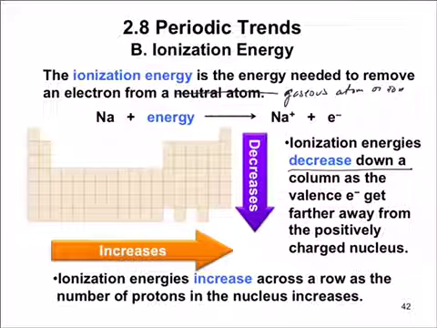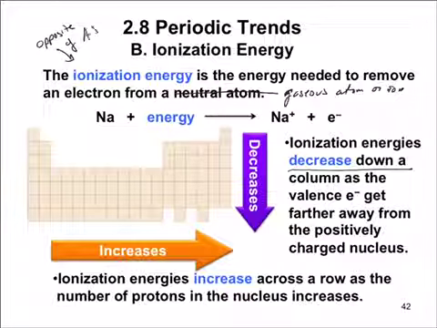Okay? And it increases as you go across a family. If you notice, this is the exact opposite of atomic size. Atomic size increases as you go down, and it decreases as you go across. This is just the opposite.